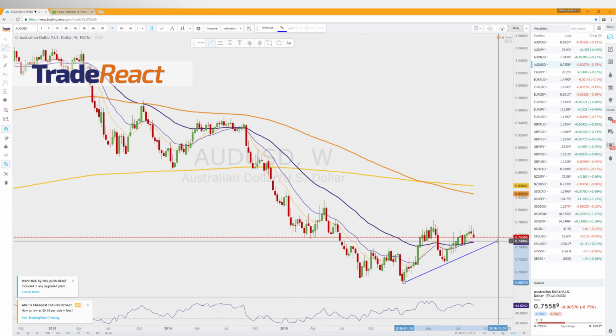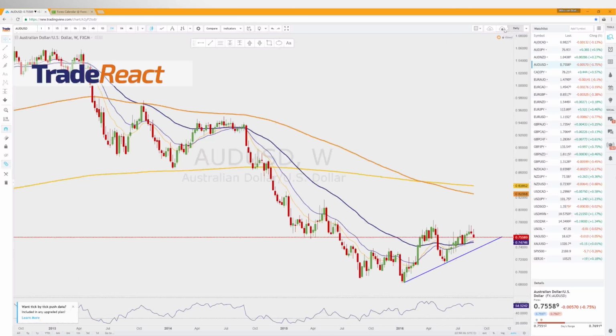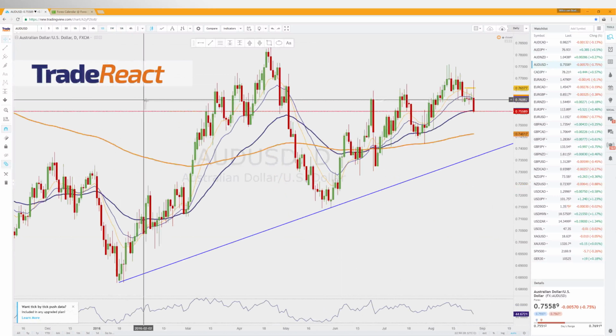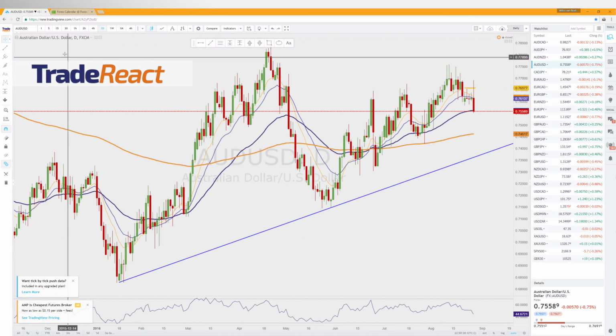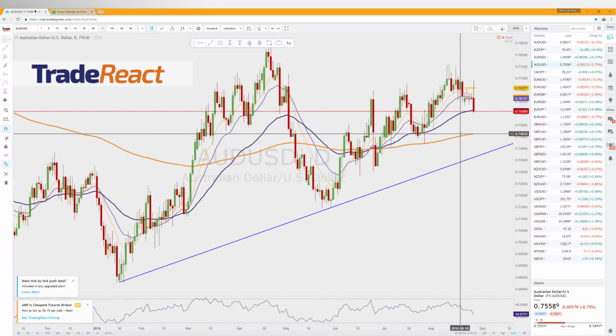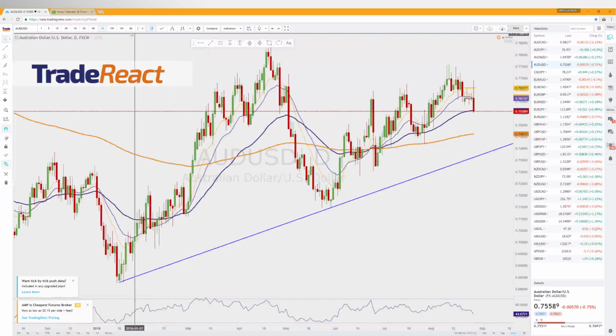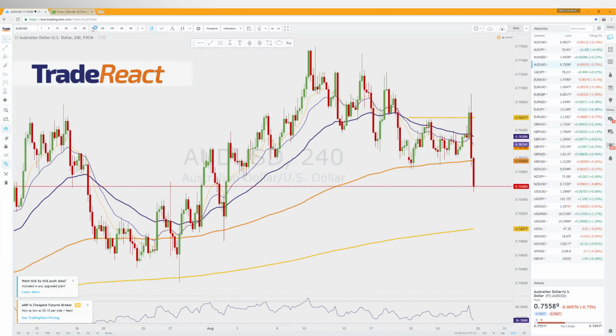So that's to keep an eye on. Daily, big bearish candle. So we might move lower. First targets here around 0.75 or 57 here, and lower. On the 4-hour it's better visible.